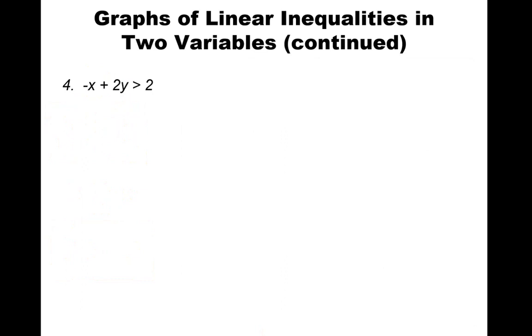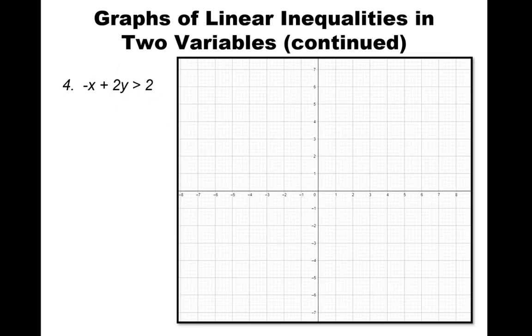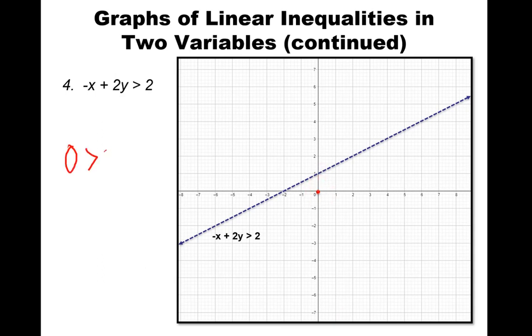Another example, negative x plus 2y is greater than 2. Same process, nag-graph muna, we'll have that graph. Then, you arbitrarily take any point either dito sa taas or sa baba. In this case, we selected the point right here. We'll get an inequality wherein 0 is greater than 2.